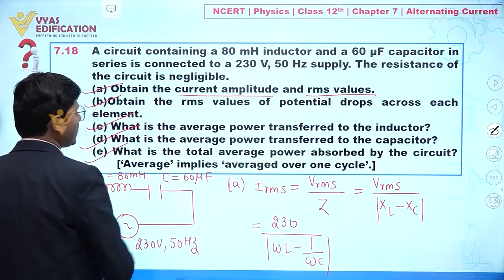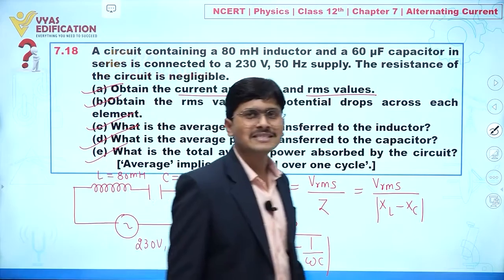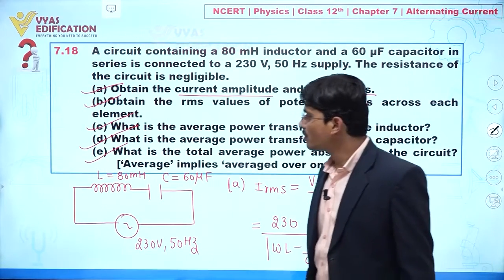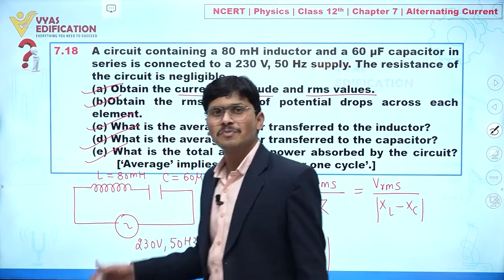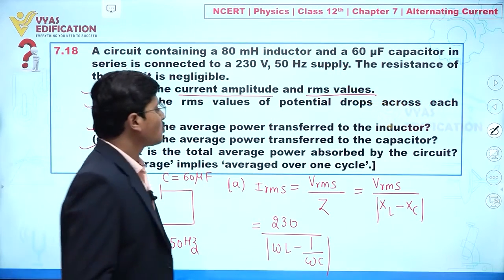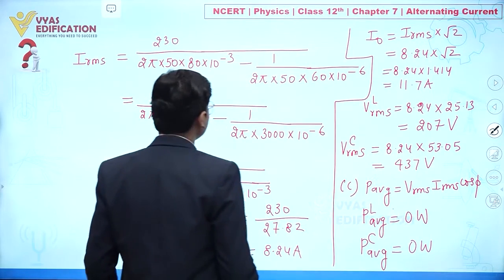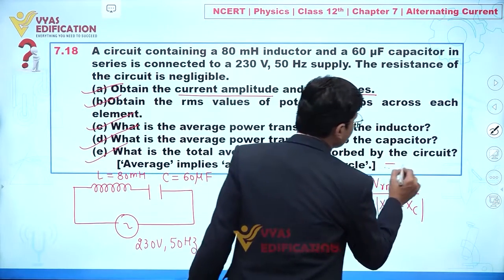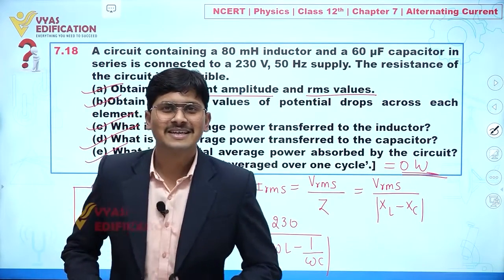Now part E: what is the total average power absorbed by the circuit? The power absorbed by the inductor and the capacitor are both individually 0, so the total power absorbed in the circuit is equal to 0 watt. So this is all about this question, clear to everyone.